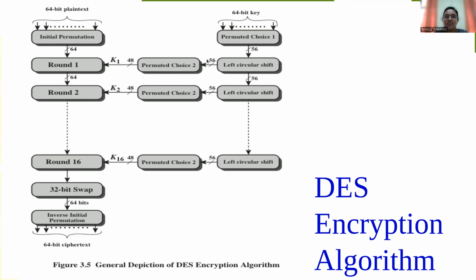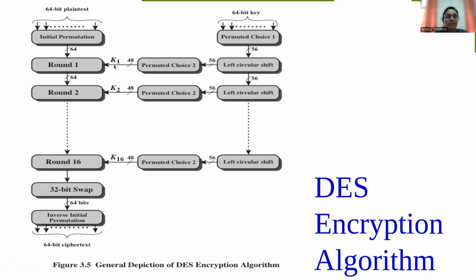A different sub key, K1, K2 to K16, is given for each round. We saw the Feistel structure, so we know that there is a 32-bit swap in the 64 bits: left side 32 bits and right side 32 bits are swapped. And then this initial permutation is inversed over here. So from this itself, you know that there is an initial permutation and an inverse of the permutation.